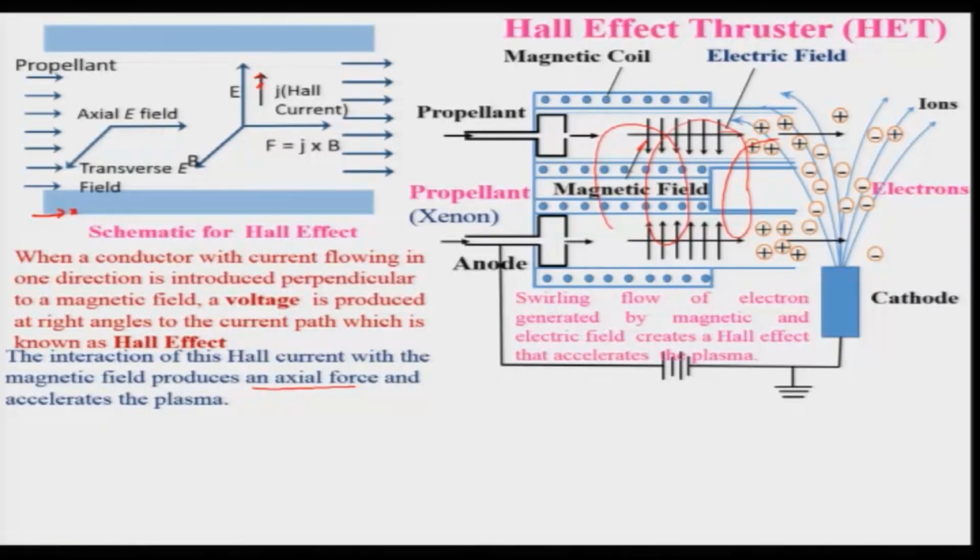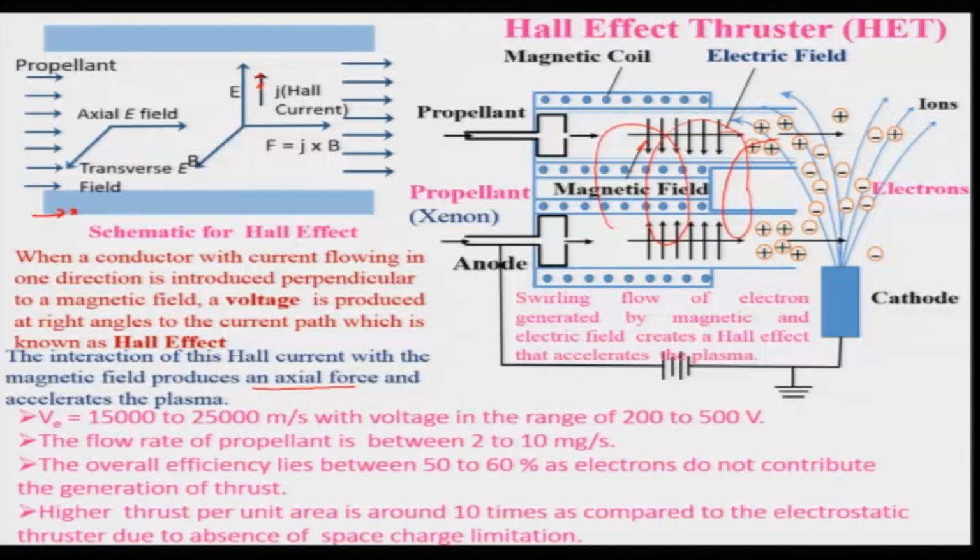Of course, electrons and ions are produced, and there is no nozzle in this case, as in the chemical or the electrothermal rocket engines. So, a very high exit velocity one can achieve, in the range of 15,000 to 25,000 with a voltage in the range of 200 to 500 volt. That is the beauty of this Hall effect thruster as compared to other electromagnetic thrusters. The flow rate of propellant is between 2 to 10 milligram per second, which is very, very low.